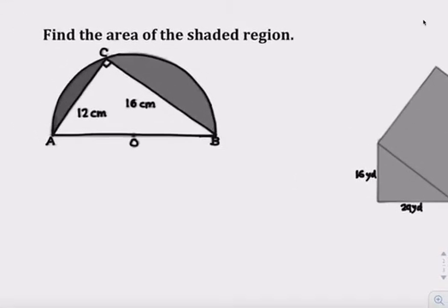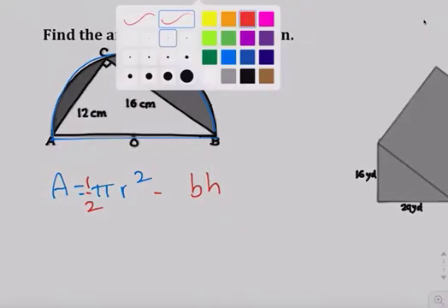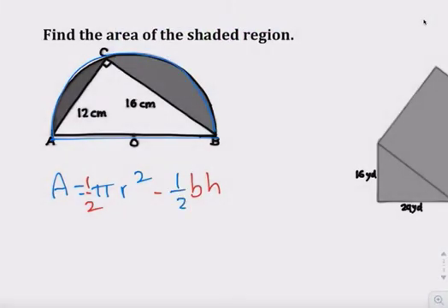Okay, you got two shapes. First, the circle, which is half of a circle. So pi r squared is a whole circle. Because this is a half, you get a half. Minus the triangle. Triangle, remember, is base times height divided by 2, because it's half of a rectangle.